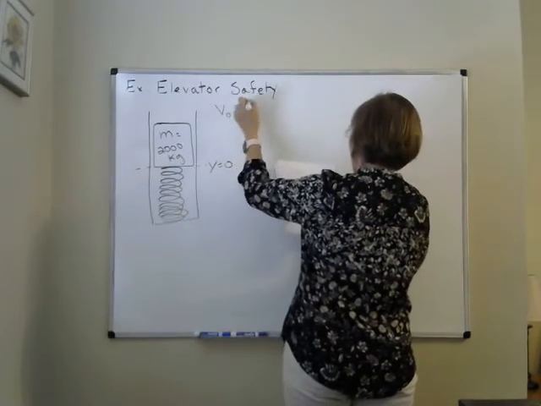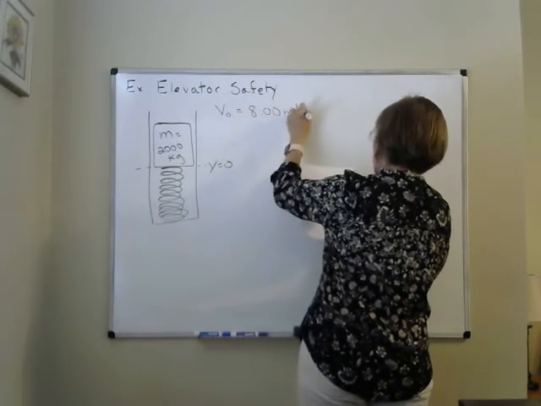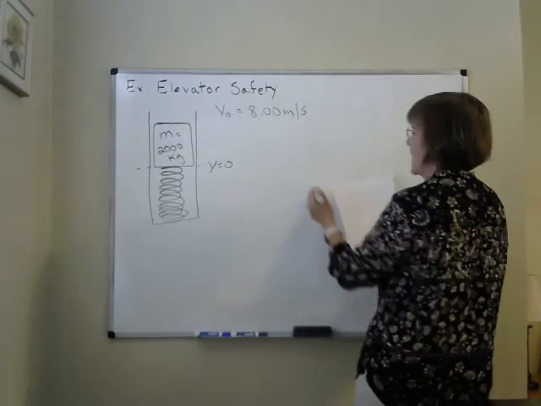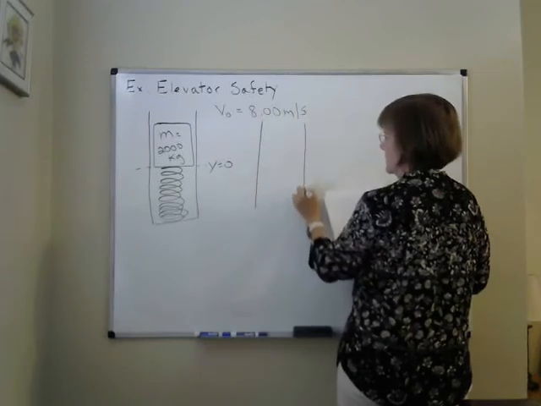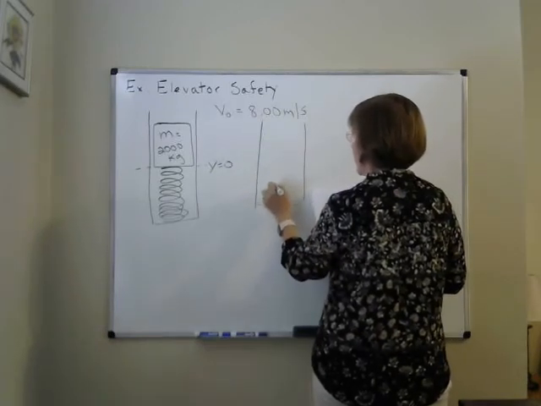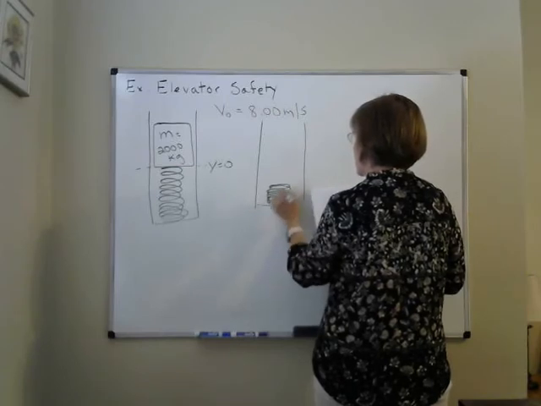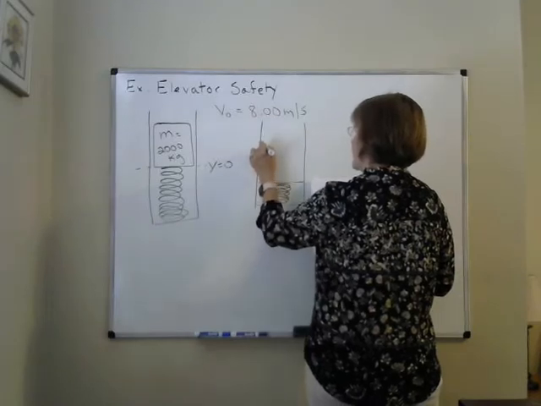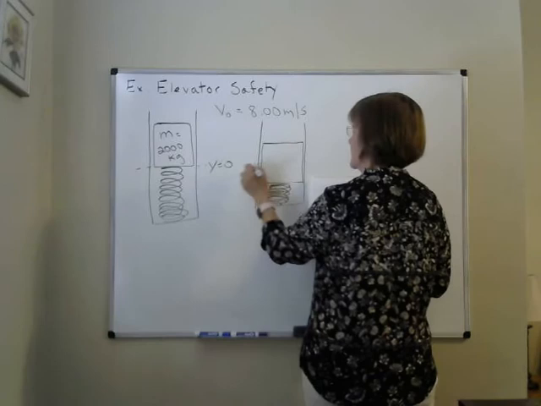It's going 8 meters per second. So at the moment that it first hits us, what's going to happen? Well, what's designed to happen, it says, is that this spring will compress a distance of 3 meters.